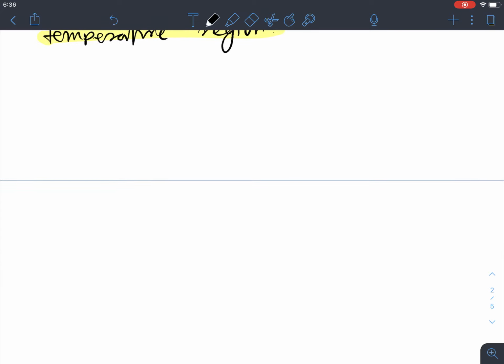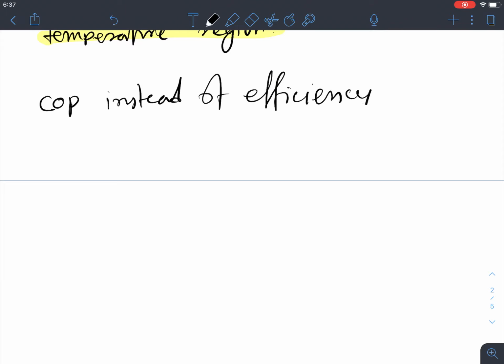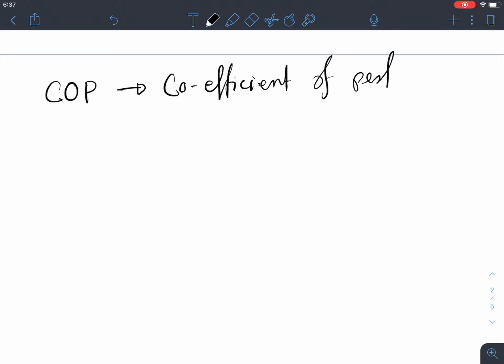We are using a new term which is called COP. COP is used instead of efficiency. So what is the COP? COP is the coefficient of performance.